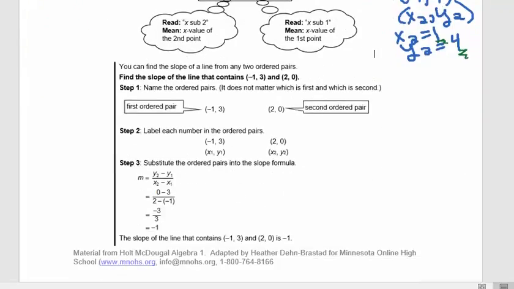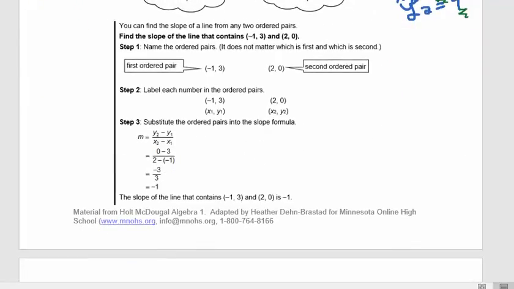Here's another example. In this example, the points were (-1, 3), that would be x sub 1, y sub 1, and the other point was (2, 0), that would be x sub 2, y sub 2.